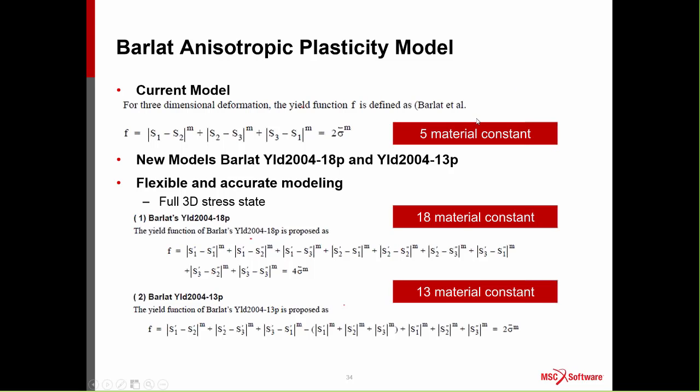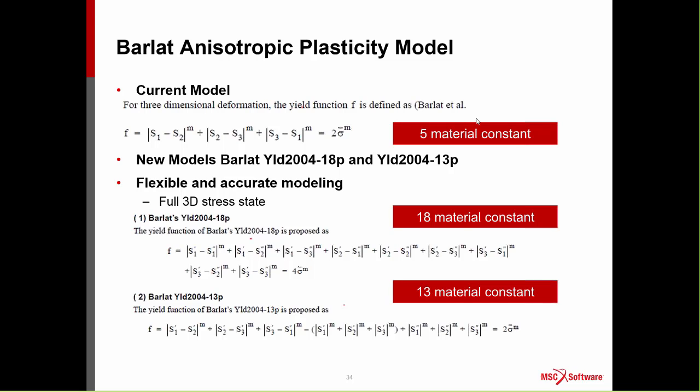So the original model, of course, is the Hill model of anisotropic plasticity. Then many years ago, we introduced the so-called 5-constant Barlat model. And in the meantime, we've introduced a couple of other models that have gained popularity.